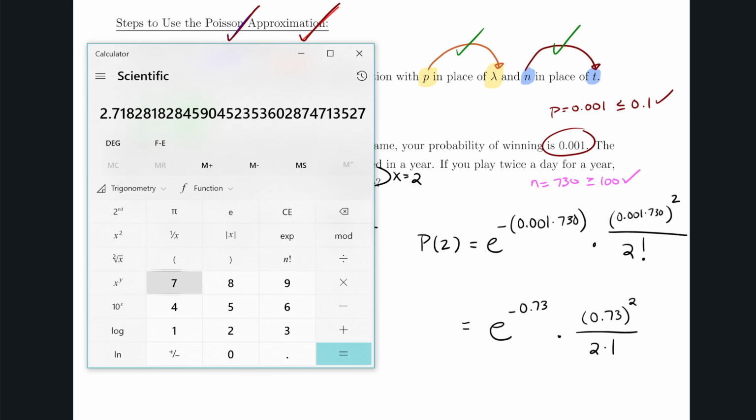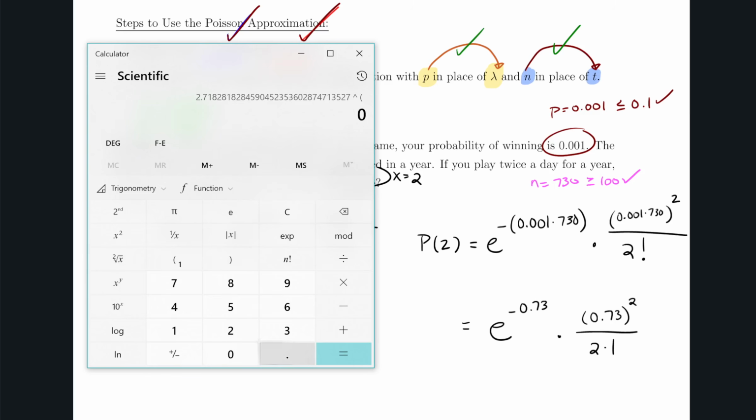E exponent to the 0.73 negative, close exponent, times 0.73 squared divided by our 2 gives us the value 0.1284, when rounded to 4 decimal places.